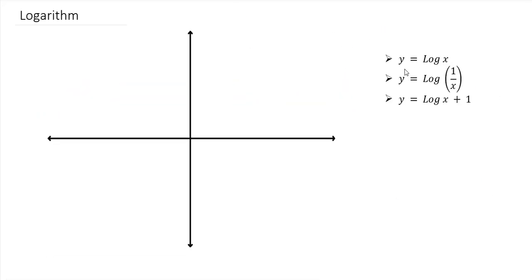So this is a simple logarithmic equation, y equal to log x. So the graph for y equal to log x, this is your y-axis, x-axis and negative x-axis. So the graph for y equal to log x will look like this. So let us find what will be the coordinate of this point.